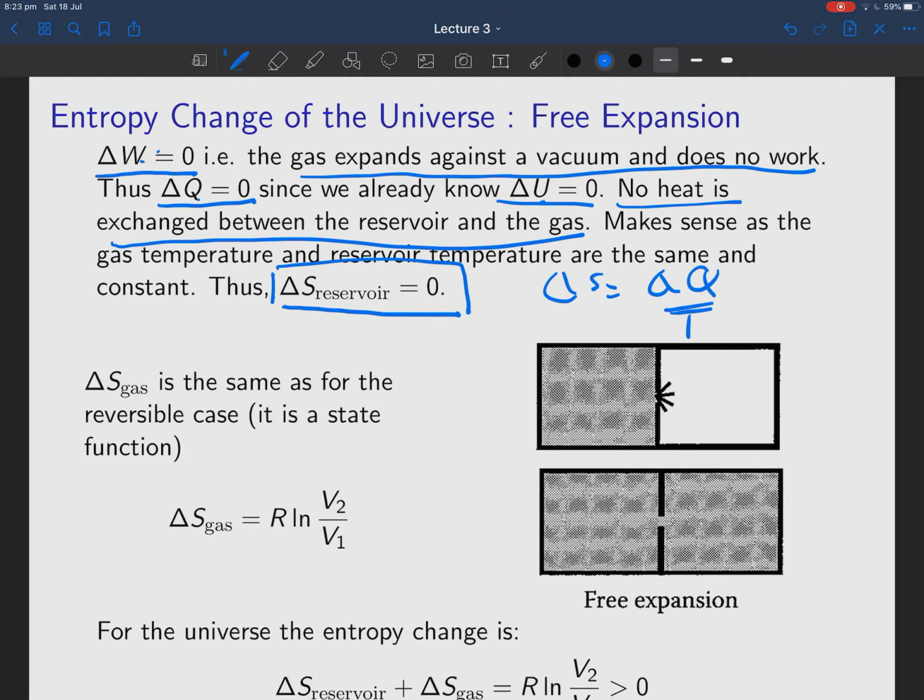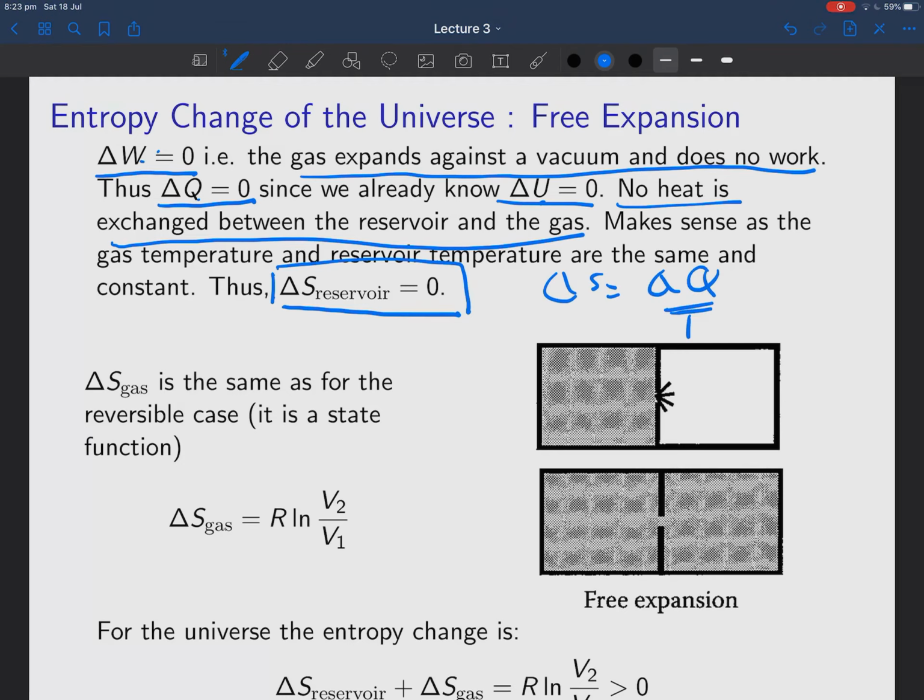Why? Because it's a state function. Remember, in the reversible case, we end up with this thing, and we started here. In the irreversible case, we end up with this, and we started here. So it's a state function, and the entropy change of the gas must be the same as we had before for the reversible case.